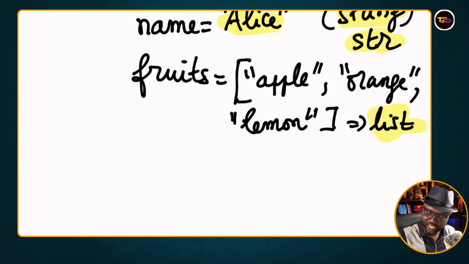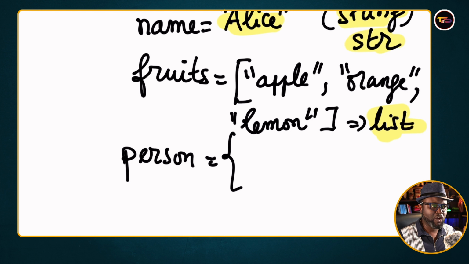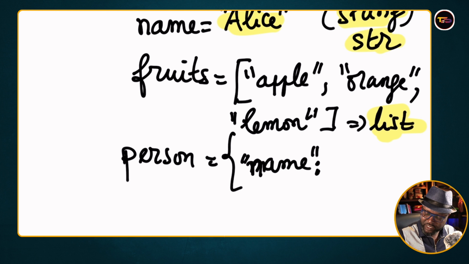What else do we have? We have what we call a dictionary. Like here we have person. For dictionaries, you use curly brackets. You can have name, write that as a string. So name here. Then you have a colon, and then it's gonna be Alice.